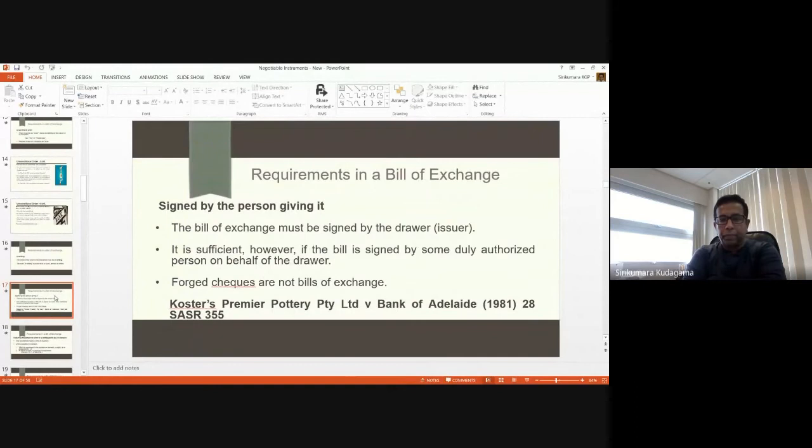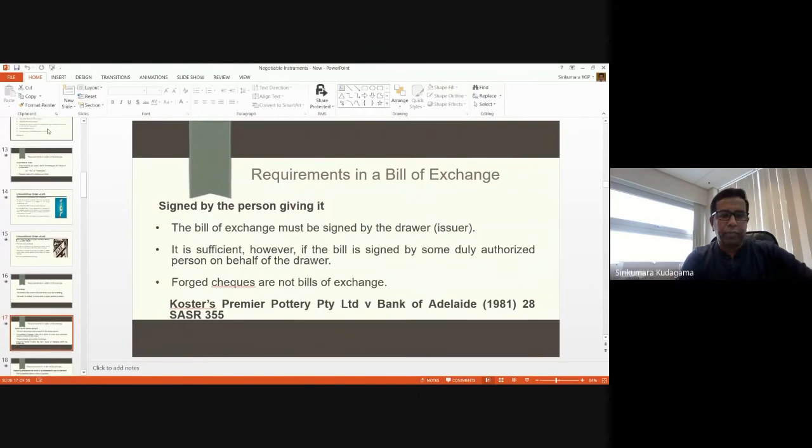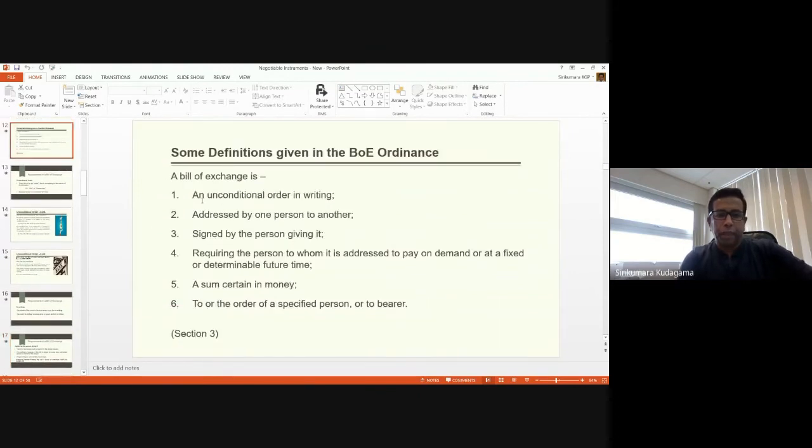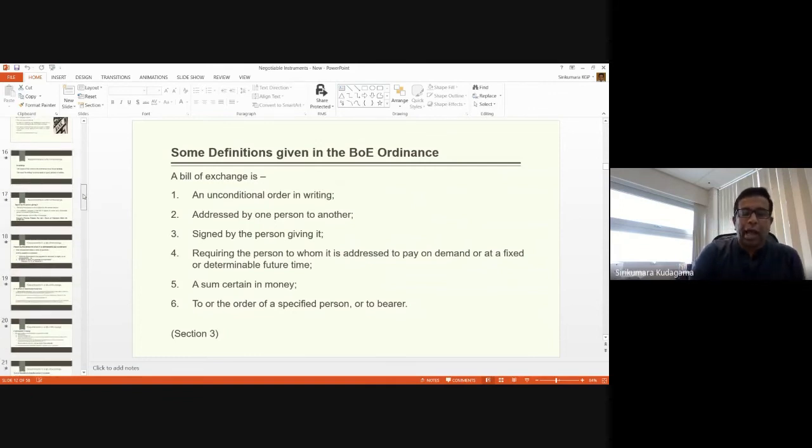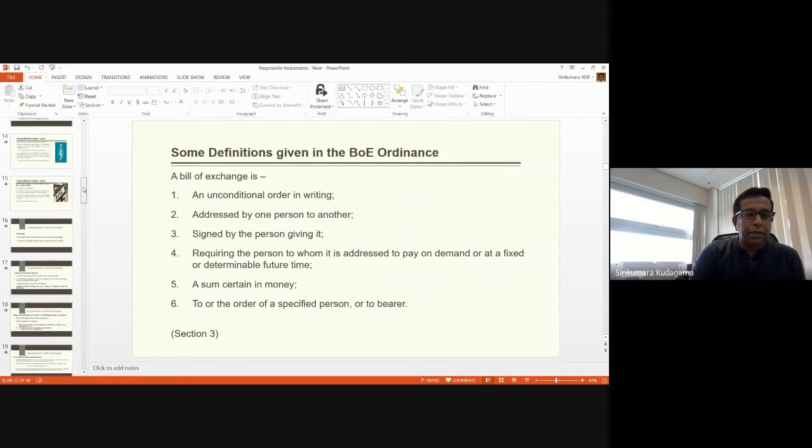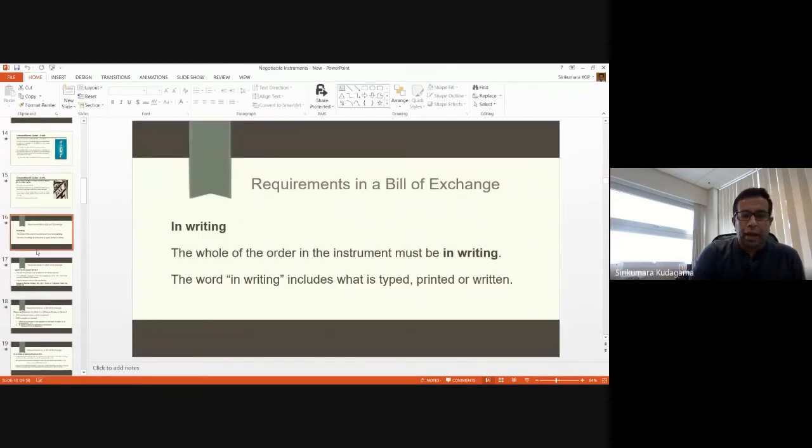Then, as we saw in slide number 12, an unconditional order in writing addressed by one person to another, right? This order needs to be addressed by one person to another and signed by the person giving it.